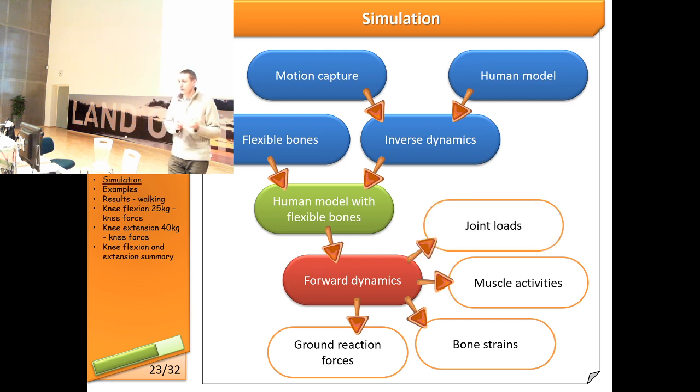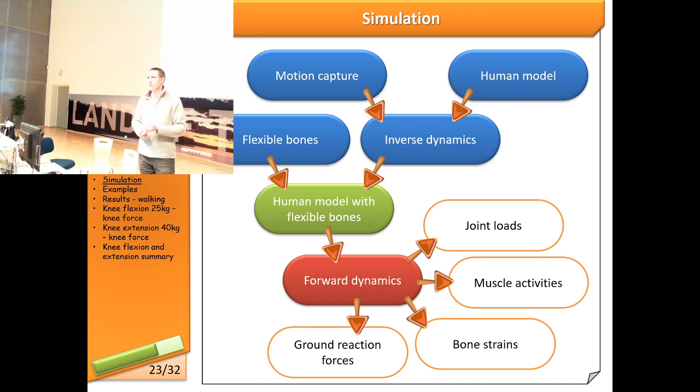So first of all, you get ground reaction forces from the model, and this is something that you can verify with your measurements because they are easy to measure. You have bone strains. That's something that you cannot really measure unless you're ready for big pain, and you do it somewhere so that nobody would see. And then you get muscle activities, which are also important because you cannot easily measure them.